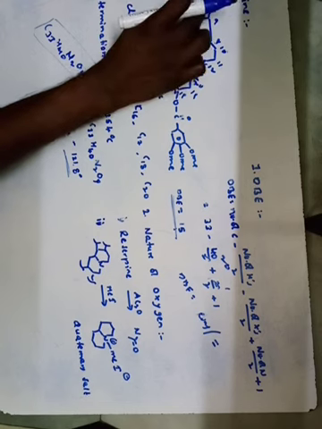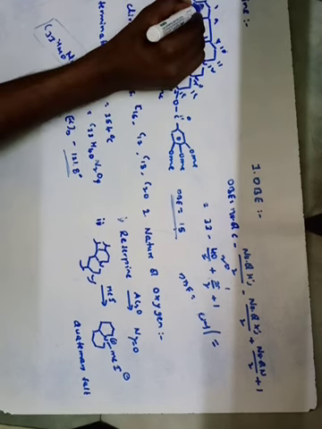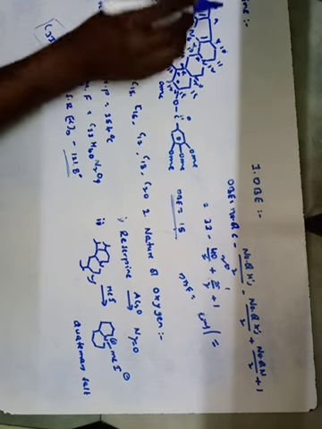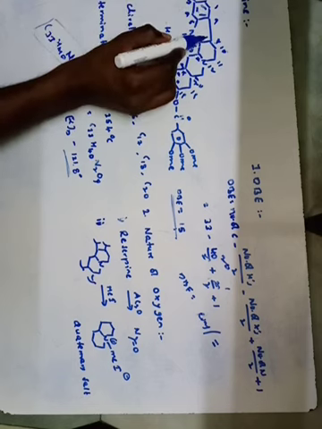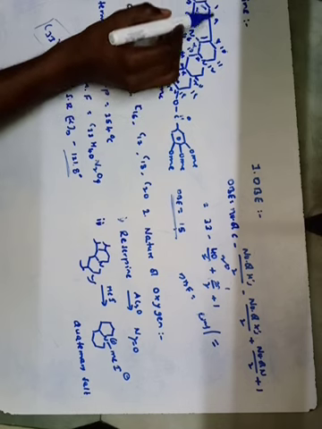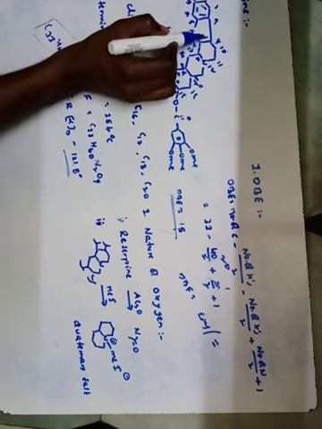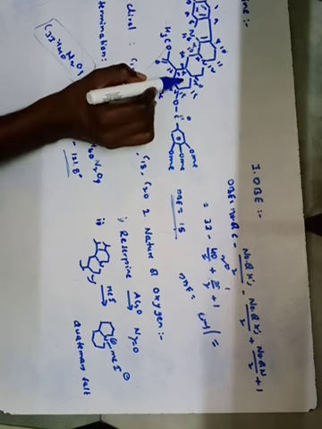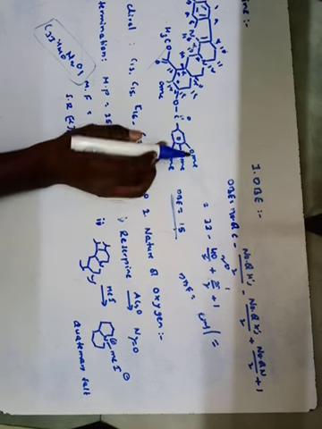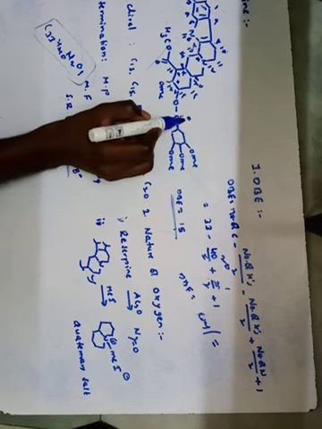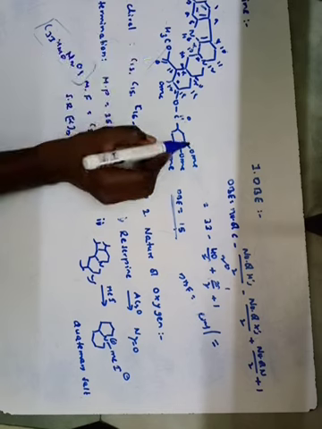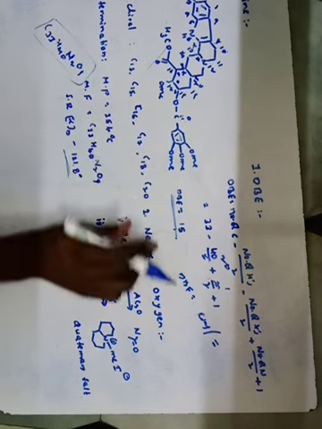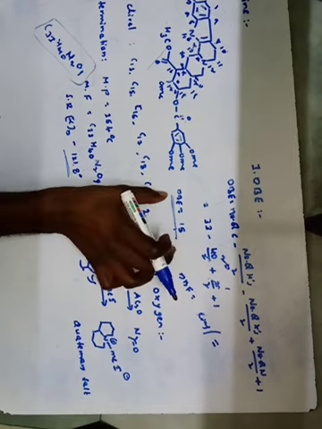Here the benzene ring has 3 double bonds and 1 ring, which is 4, and 1 double bond makes 5. Then 4, 5, another ring is there, and 1 double bond makes 6, and here 1 ring is 7, here 1 ring 8, this one ring 9, here 10, here 11, here 3 double bonds 14, 1 ring 15. So the Reserpine molecule has double bond equivalence 15.